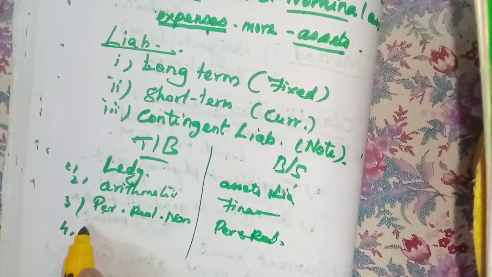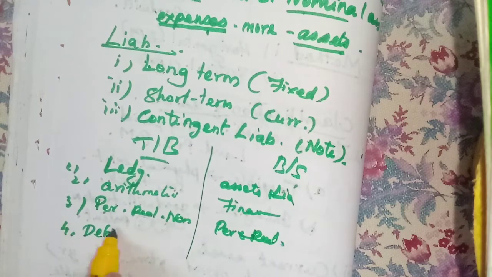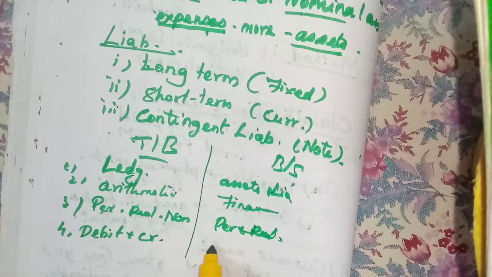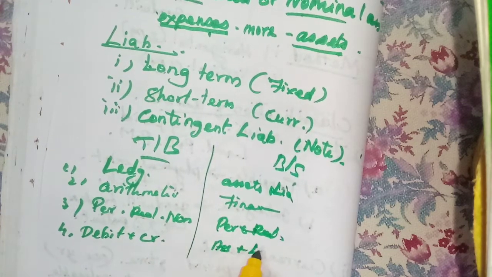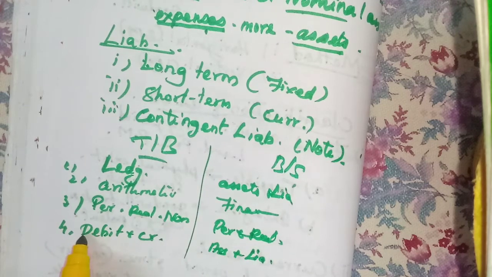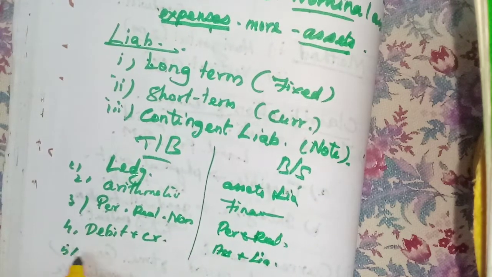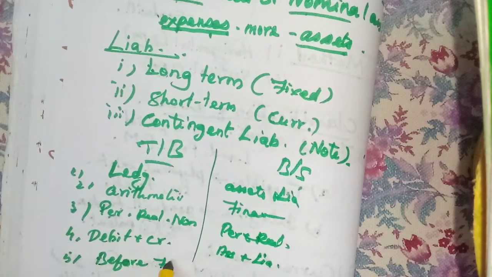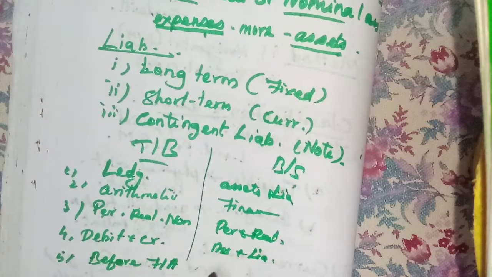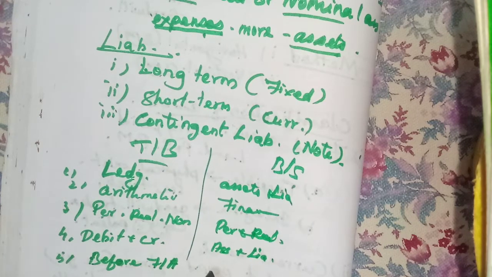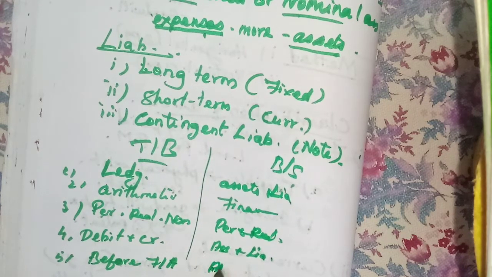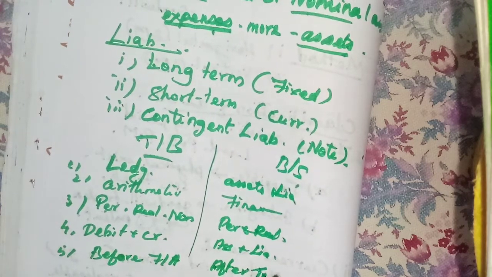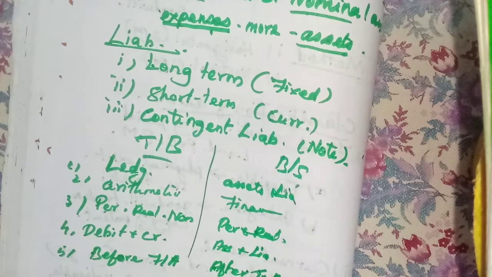In the trial balance we have two amount columns, debit and credit, but in the balance sheet we have two sides, assets and liabilities, isn't it? The trial balance is prepared before the final accounts, but the balance sheet is prepared at the end, after the trading and profit and loss account.